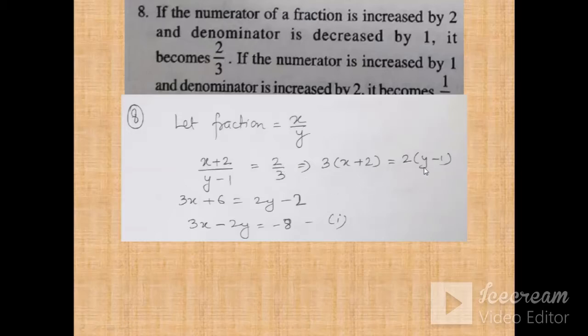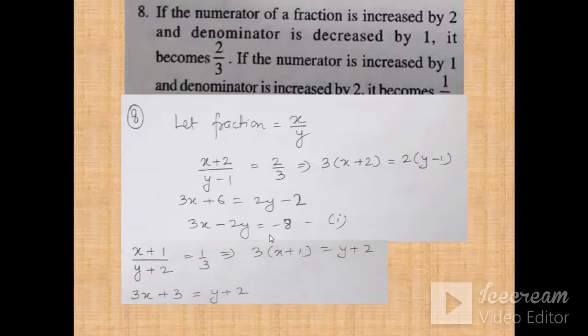Now we will do the cross multiplication. After doing the cross multiplication, you will get this equation, 3x minus 2y is equal to minus 8. Now according to the second condition, if the numerator is increased by 1 and the denominator is increased by 2, it becomes 1 by 3.